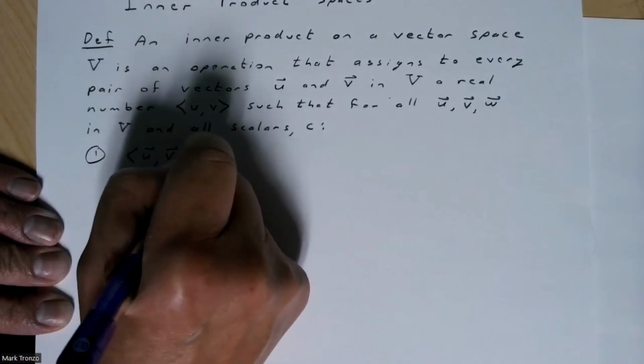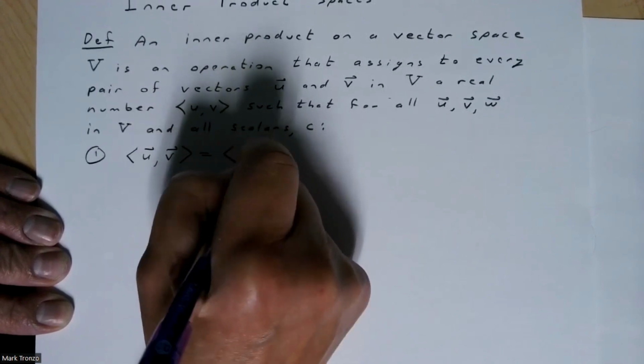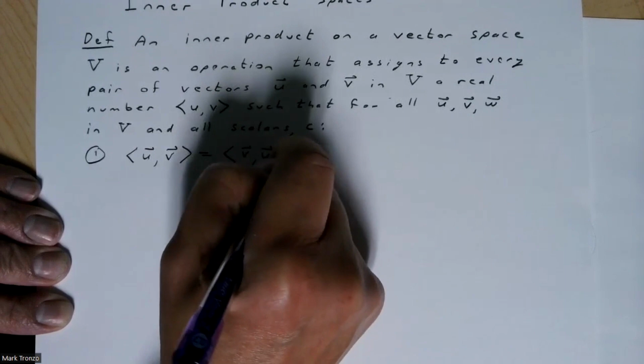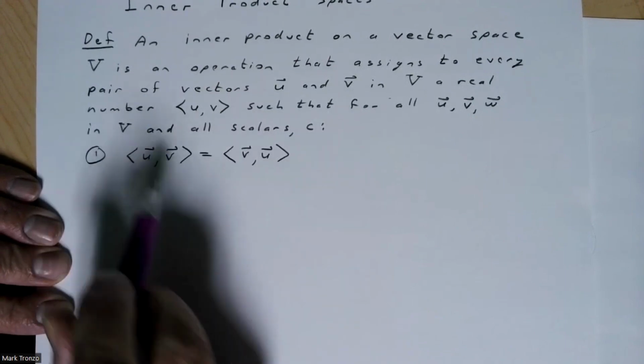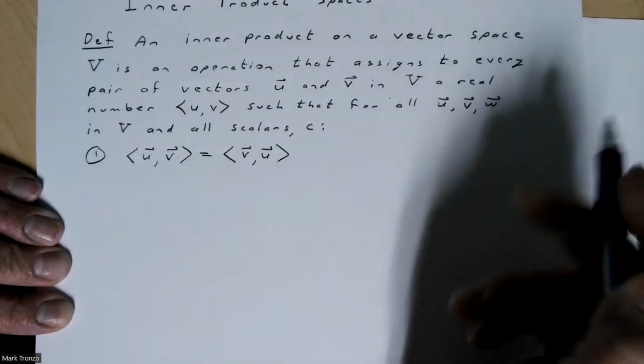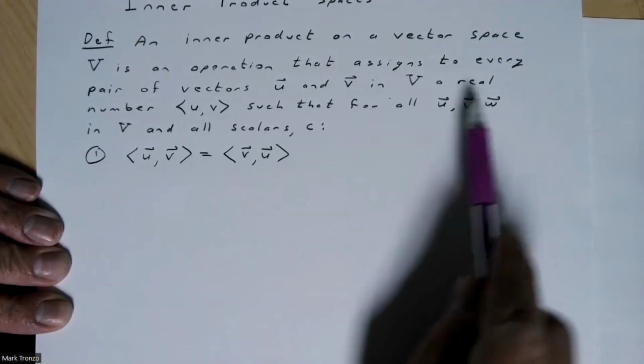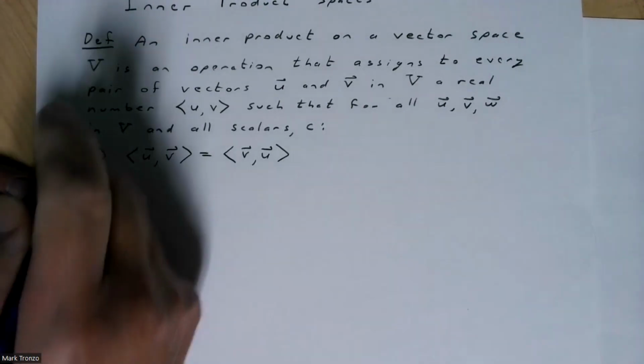In the definition, one of the first properties of the inner product is that <U, V> is the same as <V, U>. It'll give you the same values as long as you're dealing with real numbers. Right now, we're dealing with real numbers, so this is going to be true.